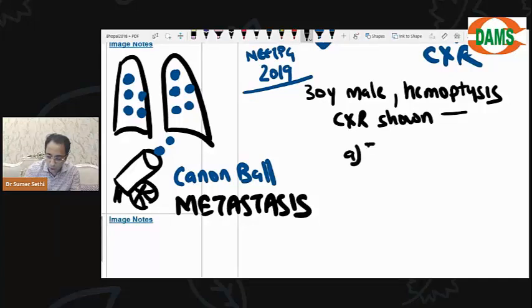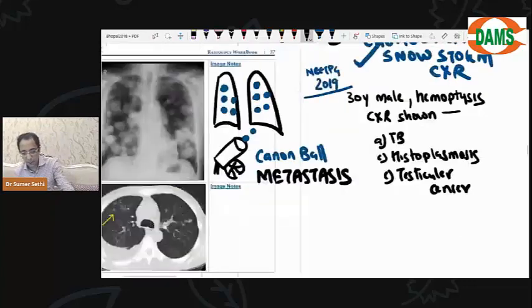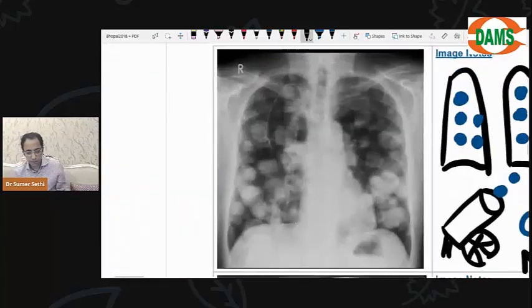The cause of hemoptysis is TB, histoplasmosis, testicular cancer. And the X-ray shown in the image was this.